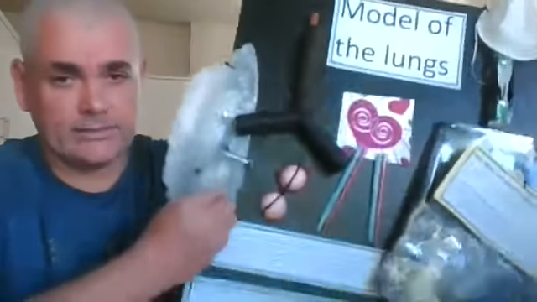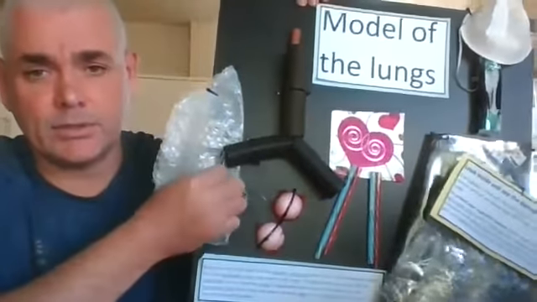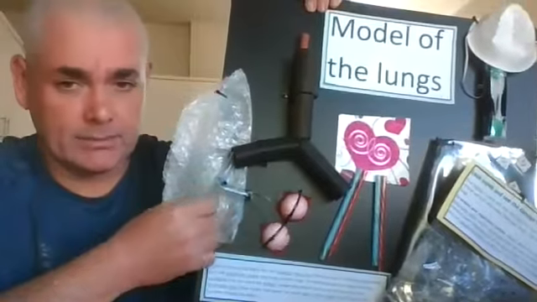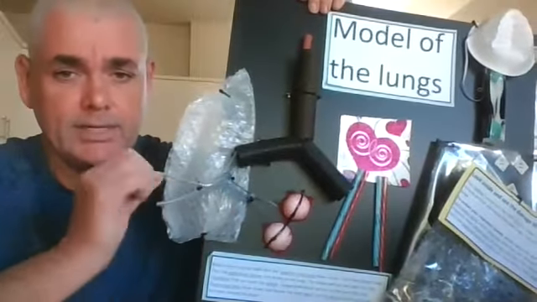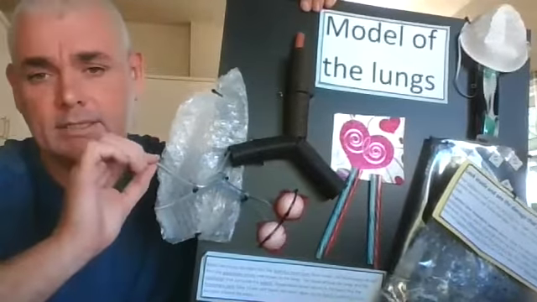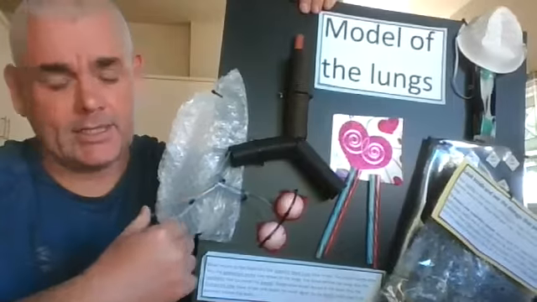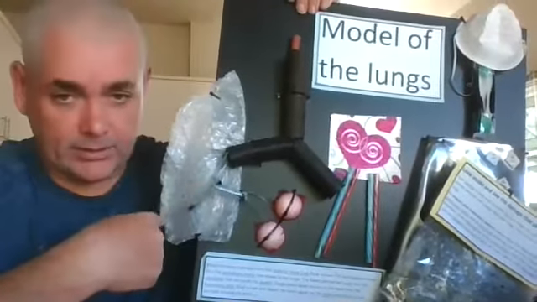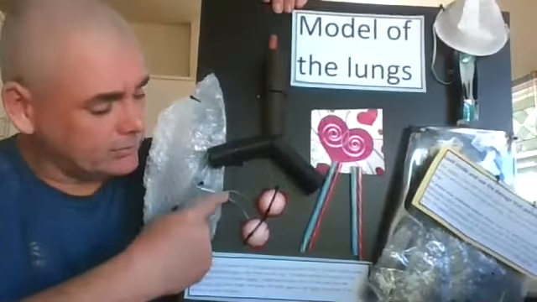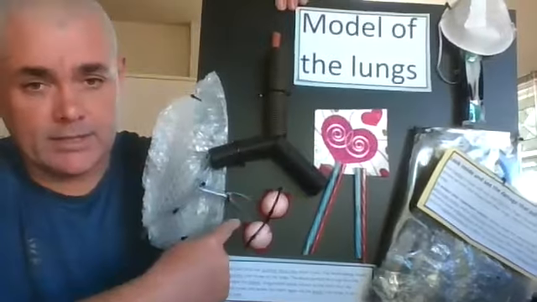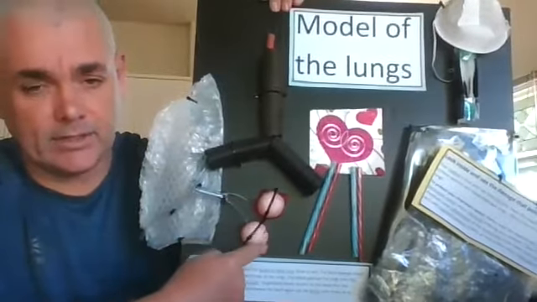What I've got down here, if you can see, is some smaller tube. Again, just cable tied on, and it's always branching in two. And I've just stopped that branching there. These are the bronchioles. As they get down to smaller and smaller tubes, eventually they'll terminate in the alveoli here.